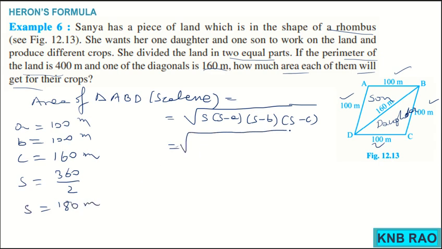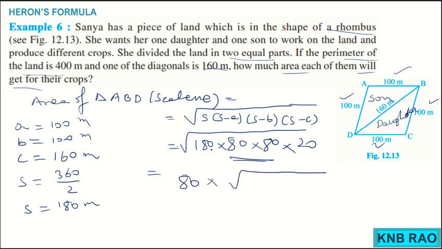On substitution, here 180 into 180 minus 100 is 80, 180 minus 100 is again 80, and 180 minus 160 is 20. Now for this pair of 80s, one 80 will come out, into this 180 into 20, which can be written as 10 into 3 into 3 into 2, again 20 can be written as 10 into 2.